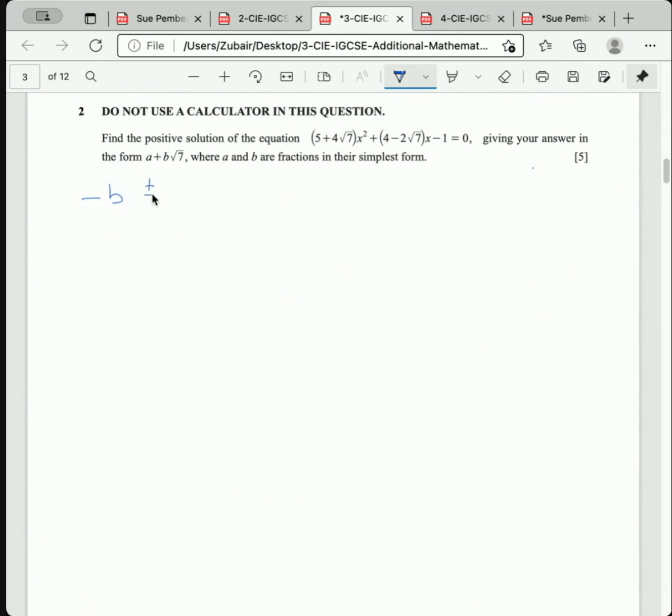Minus b plus minus square root b square minus 4ac over 2a. 4 minus 2 root 7 is b.